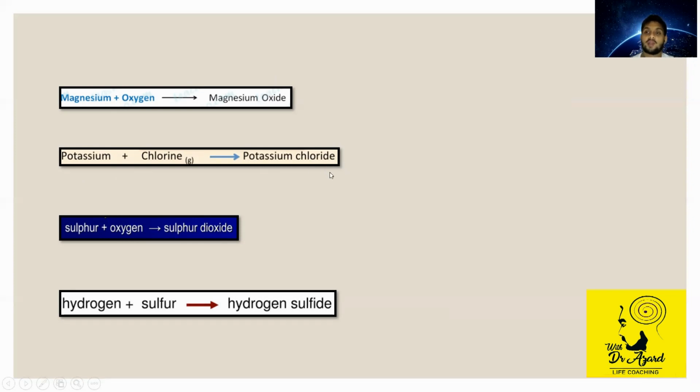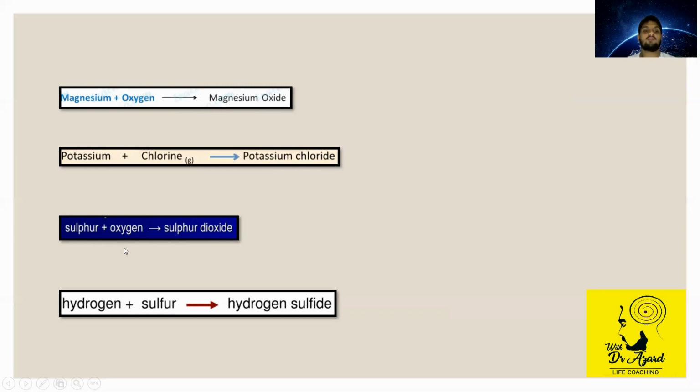If you wrote potassium chlorine here, that's wrong. This is a new compound that is formed. If you remember elements and compounds, from an element, a compound is formed. So this is a compound. Be mindful: you can't write potassium chlorine here. You have to write potassium chloride.